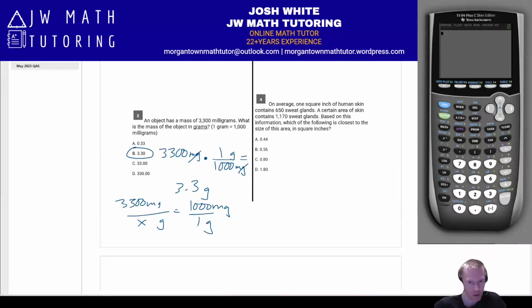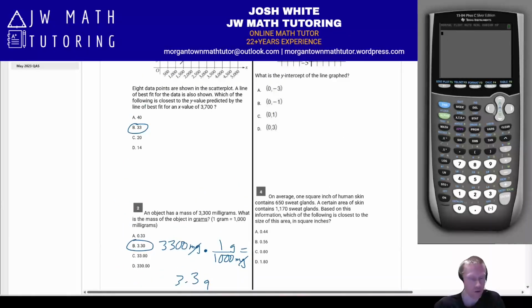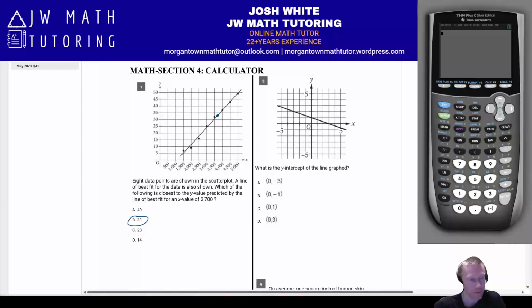So 3,300 milligrams times grams equals 1,000 x milligrams times grams. The units will all cancel out, and then you divide by 1,000 and you get the same number, 3.3, when you solve for x. So that's just an alternate way to do it if you're not familiar with factor label, otherwise known as dimensional analysis. Okay, back to the top.